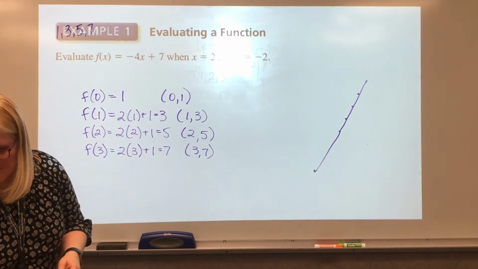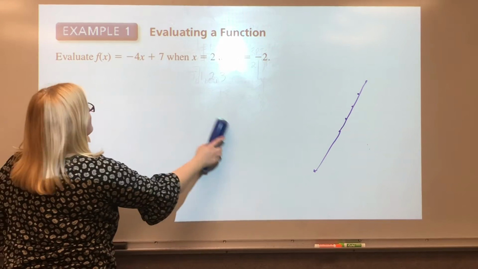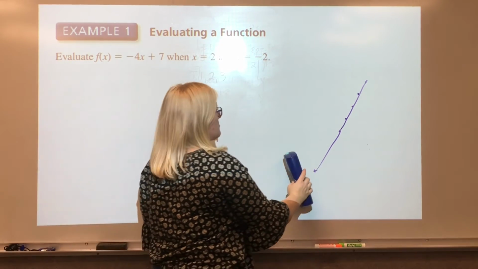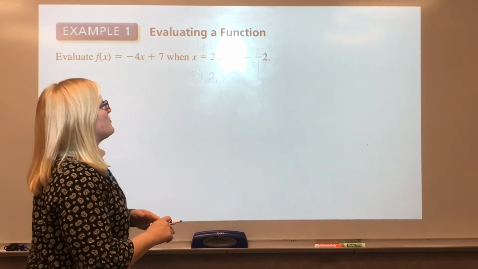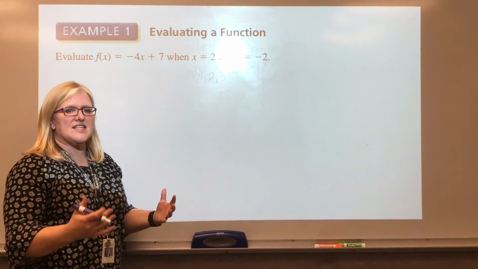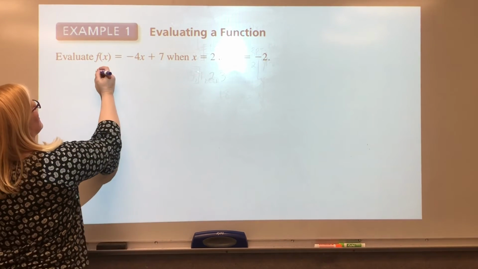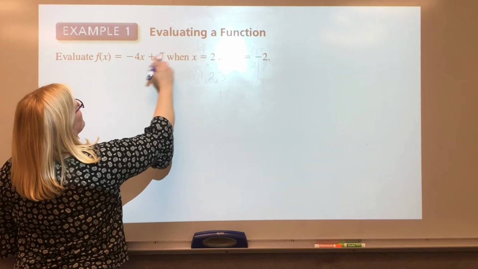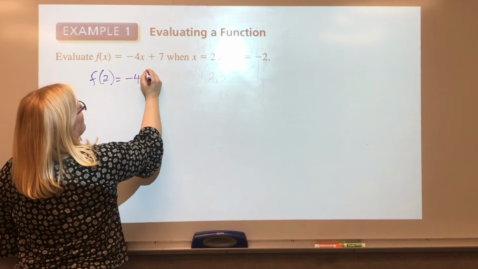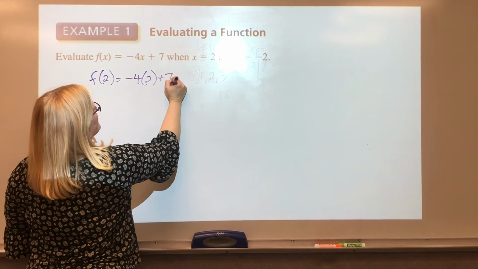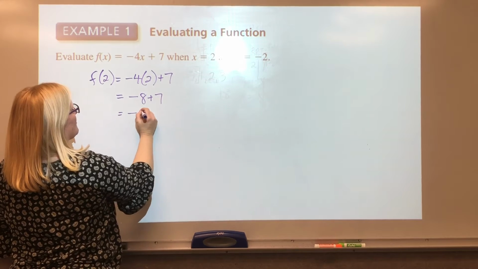All right, so let's look at this. Evaluate f of x equals negative 4x plus 7 when x is 2 and when x is negative 2. So it's exactly what we did, except instead of y, I have f of 2. So put 2 in for x, and I have f of 2 equals negative 4 times 2 plus 7, and that is negative 8 plus 7, which is negative 1.